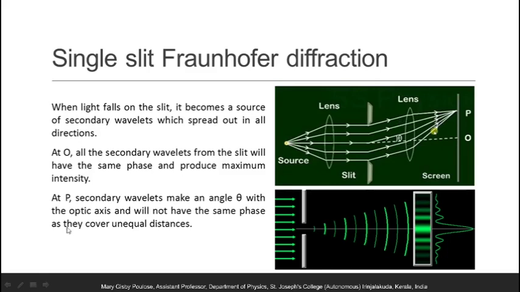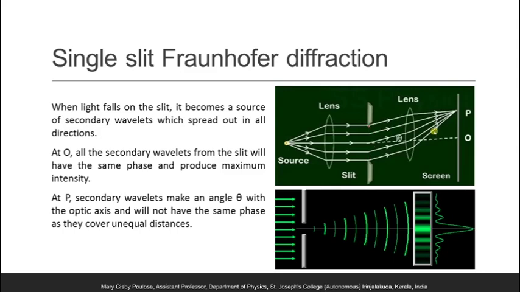All these rays will cover unequal distances to reach P. This ray will travel a shorter distance to reach P, whereas the ray coming from this point will have to travel a longer distance to reach P. So let us calculate the path difference between the rays at these two extremes.